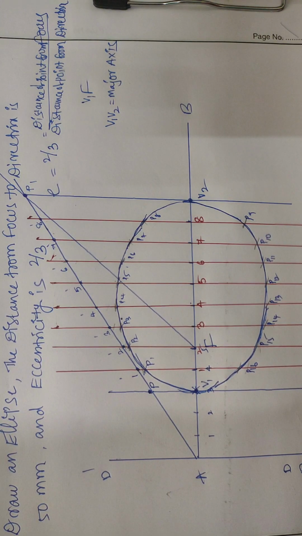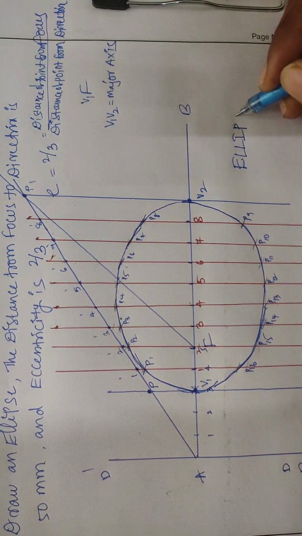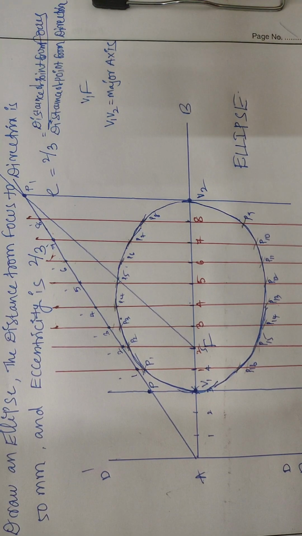This is going to be the curve of the ellipse by using the general eccentricity method. Here this is your ellipse. Like this we need to plot our ellipse by using eccentricity 2/3 and the distance from focus to directrix as 50 mm.